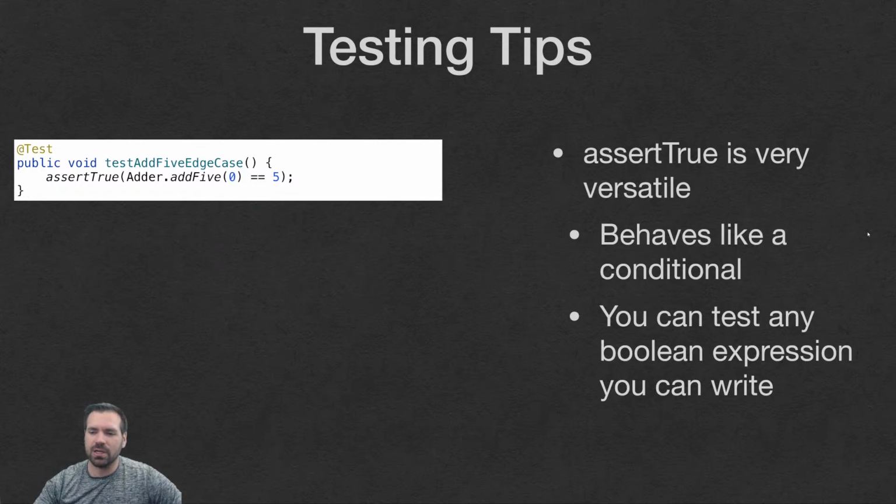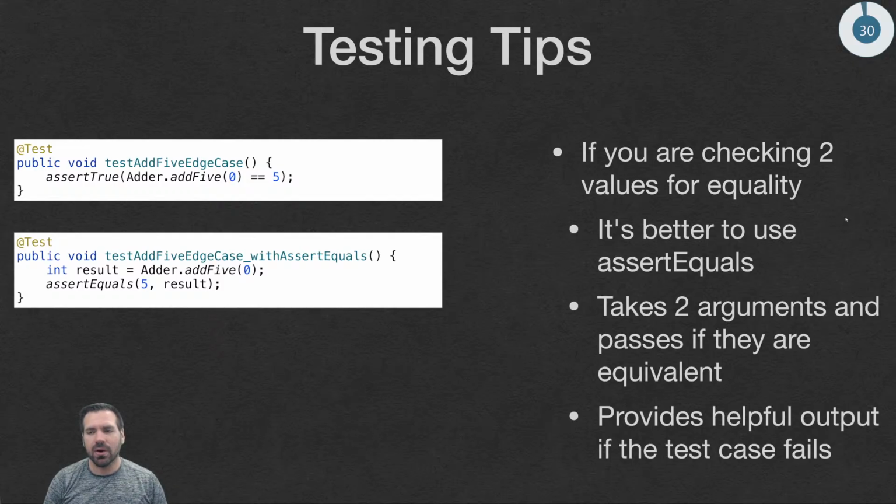Maybe you need a few Boolean expressions, maybe you need a Boolean expression in a loop, whatever, but you can use assert true for everything. If that's the only one you want to learn, go for it. But there are a few other ones that can make your life a little easier.